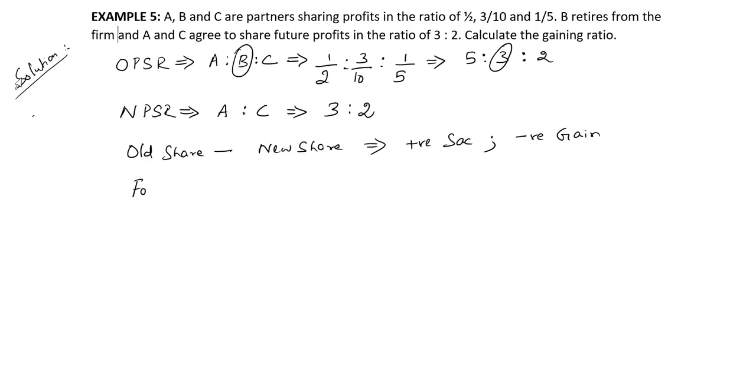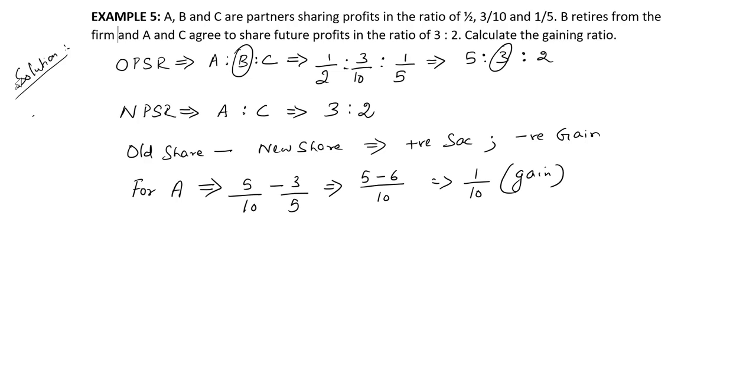So for partner A, old share 5/10 minus the new share 3/5 is equal to a negative 1/10, and A gains.